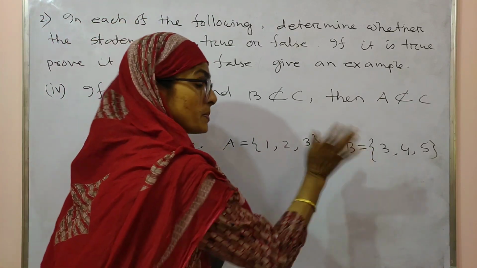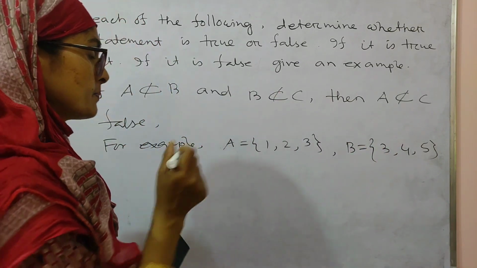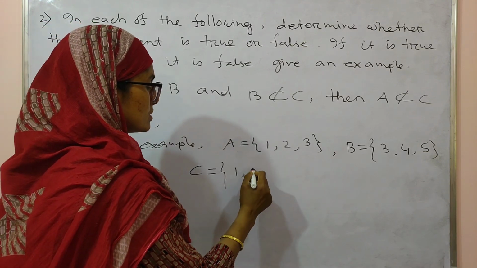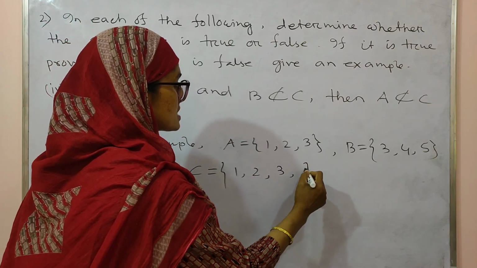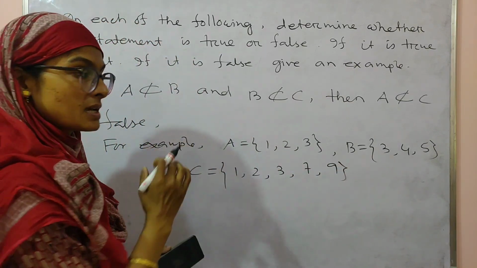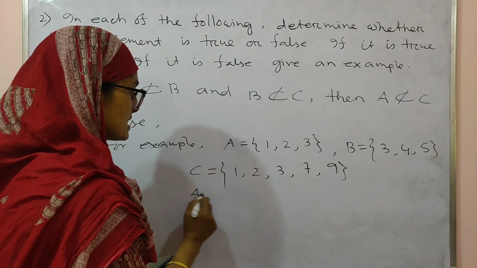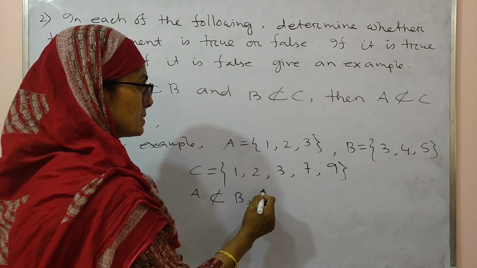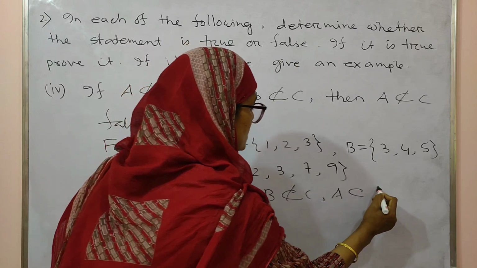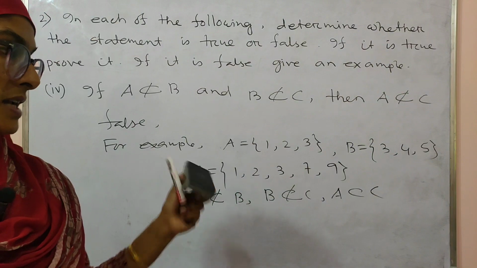Then A is not a subset of B, since 1 does not belong to B and 2 does not belong to B. And if you take C equal {1, 2, 3, 7, 9}, then A is a subset of C, but B is not a subset of C. Therefore, A is not a subset of B, B is not a subset of C, but A is a subset of C. So this one is false.